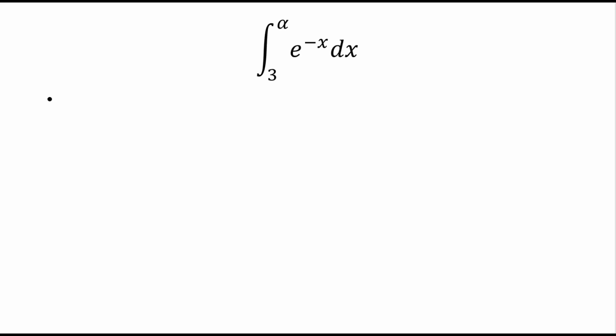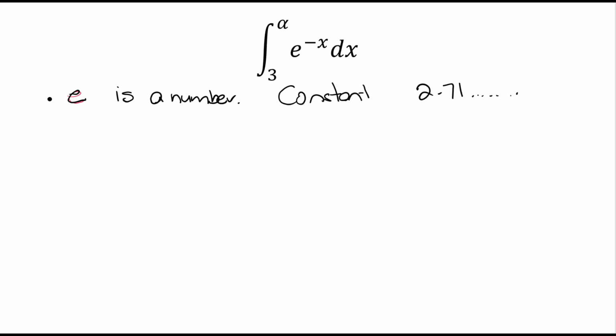If we think of e as a number, e is a number. It's a constant. And you may know it as 2.71... doesn't matter how many dots.